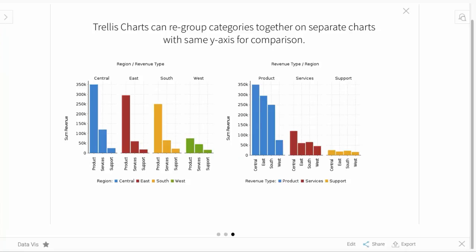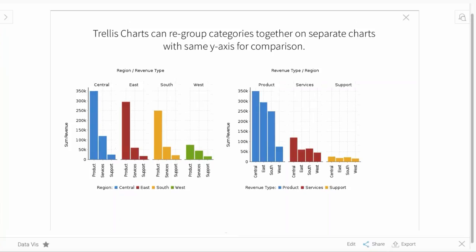The one on the left is best for comparing region by revenue, and the one on the right is better for comparing revenue type by region. And in these examples, our mind's not confused trying to connect all of the different colors together. Now, one note here is that trellis charts are also fantastic for working with line charts too. So when you do want to add in those additional dimensions, it's a great option for you to choose.